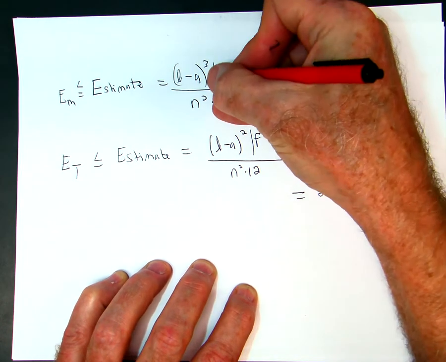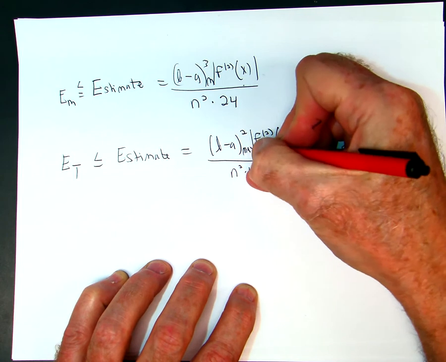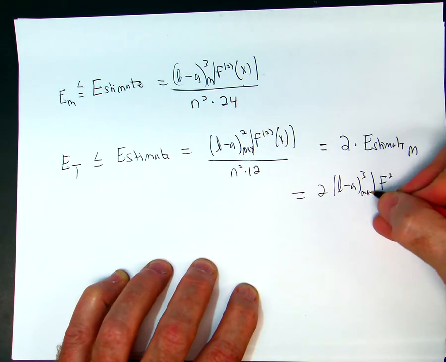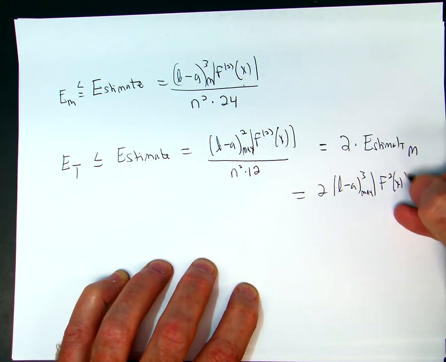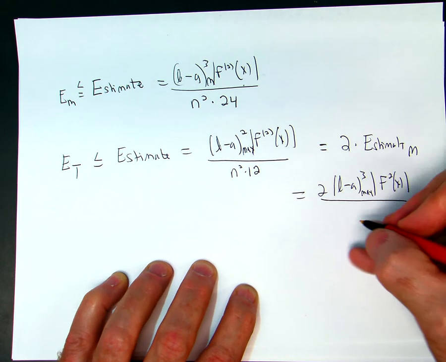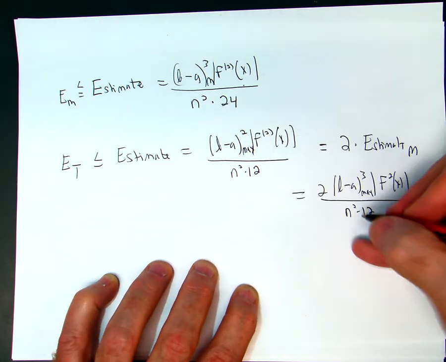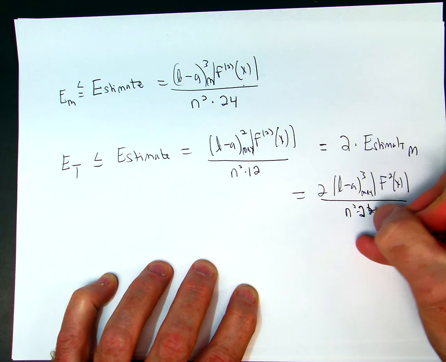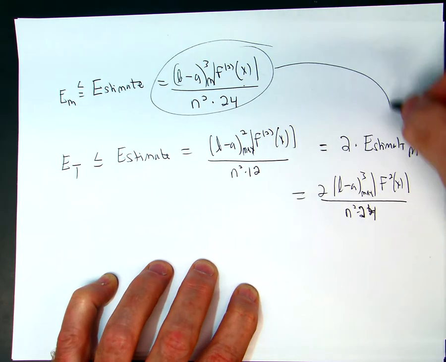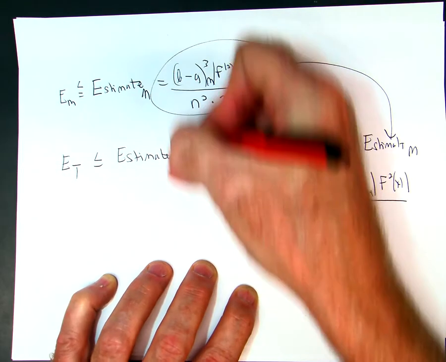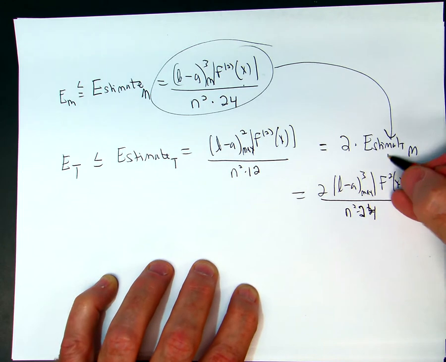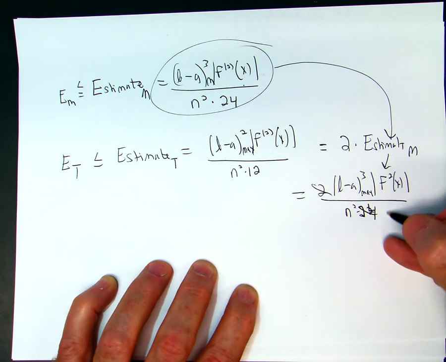Sorry, this is the max. And the reason I know that, I'm sorry, 24 there. So I'm just recopying this. That's the error estimate for the midpoint, and this is the estimate for the trapezoid. Those cancel, and I'm left with the 12.